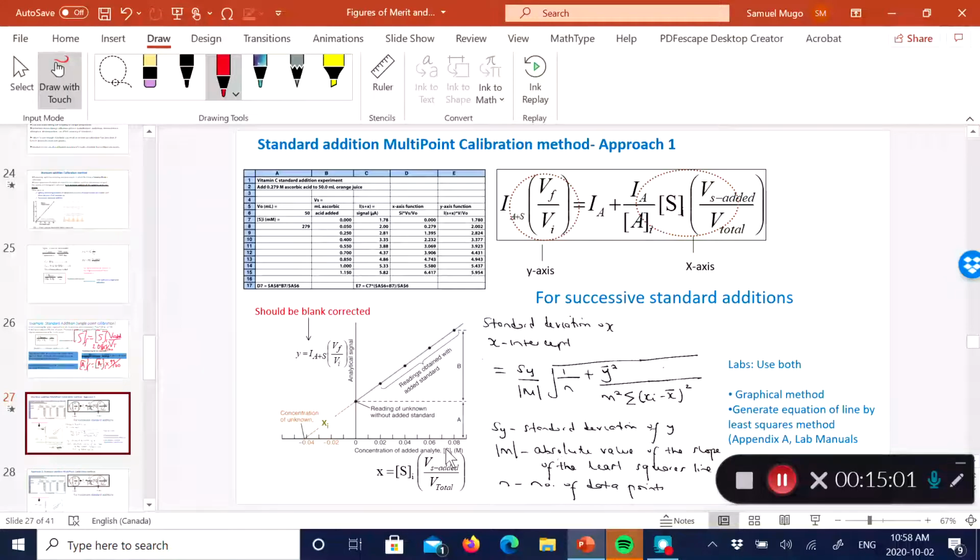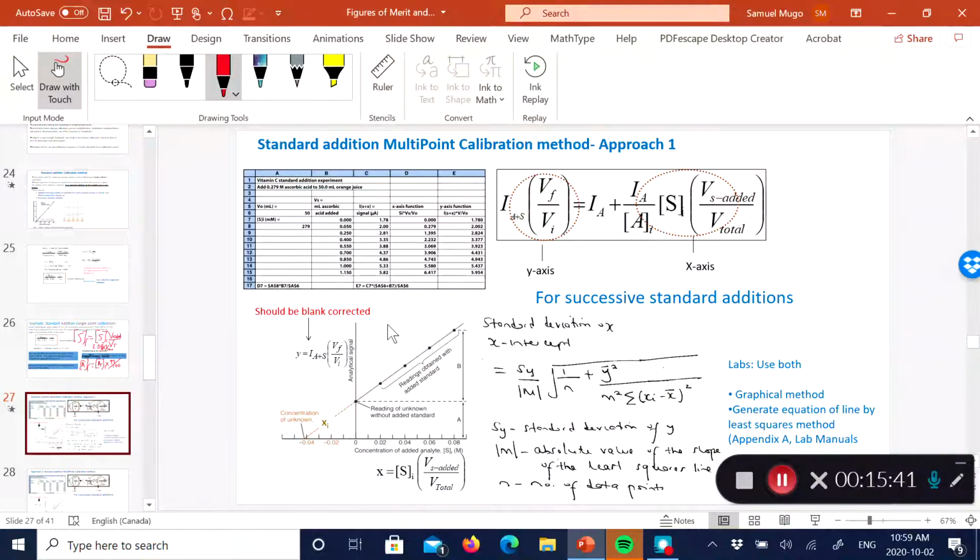So how do you do determination of the unknown for the multi-point calibration method when you're doing standardization? Okay, so you typically use this equation. It looks ugly, but it's actually not very difficult to see how it works, and I won't go into the derivation of this. Typically you would have the signal in the y-axis, and then the concentration of the different standards in the x-axis. And of course, you already know how to do that.